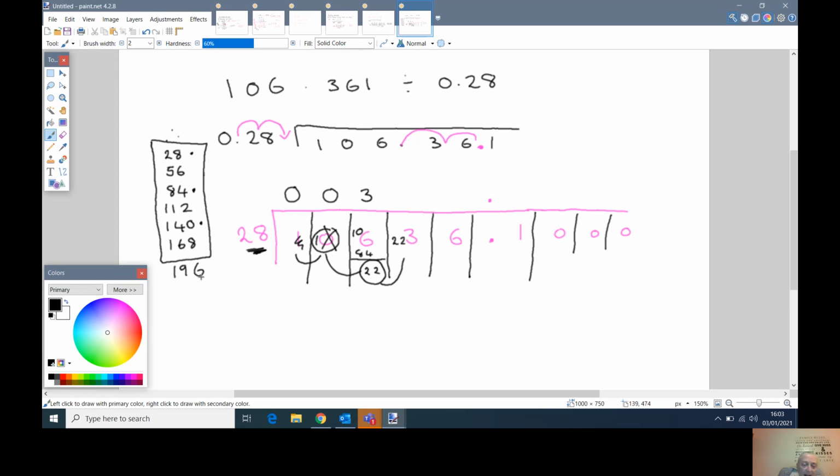Let's add the 8 first. That'll give me 204, 224. Too high. So it is this one I need, and that is 1, 2, 3, 4, 5, 6, 7. So that's 7, and that makes 196. So that leaves me 27.